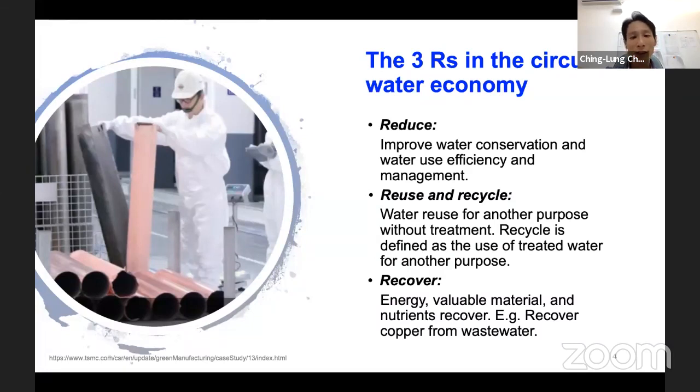Okay, so basically they try to achieve zero wastewater discharge. Zero wastewater discharge means no wastewater is discharged outside of this industry.